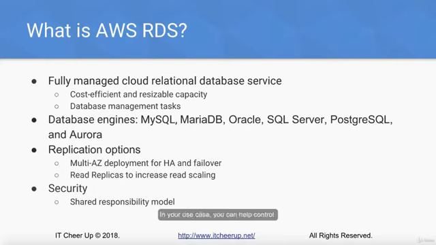In your use case, you can help control who can access your RDS databases by using AWS Identity and Access Management (IAM) to define users and permissions. You can also help protect your databases by putting them in a Virtual Private Cloud (VPC). We will have one section to go through all the security options.